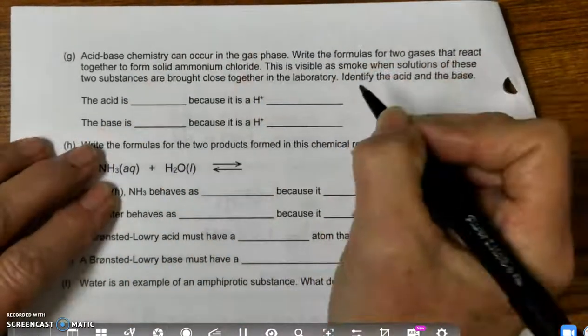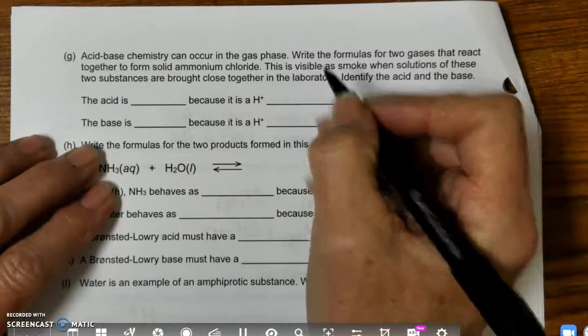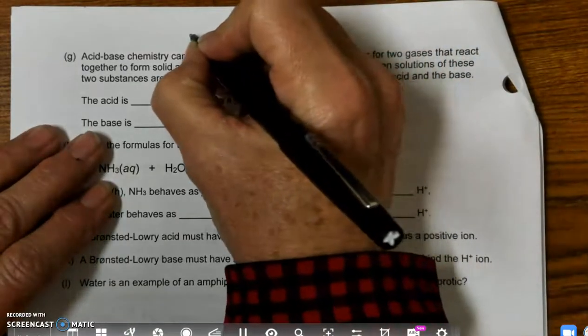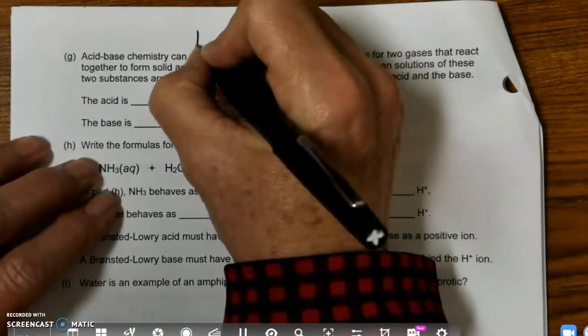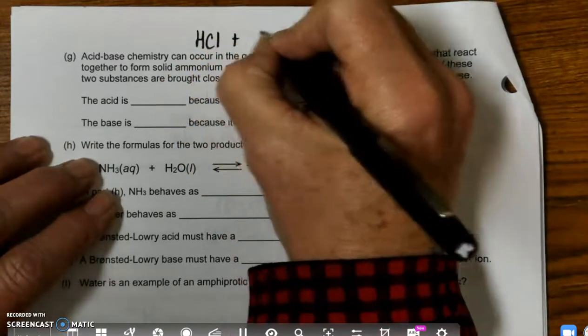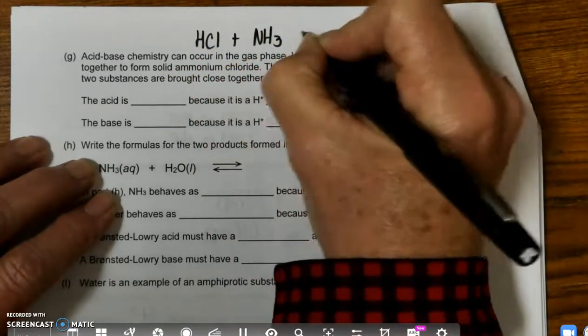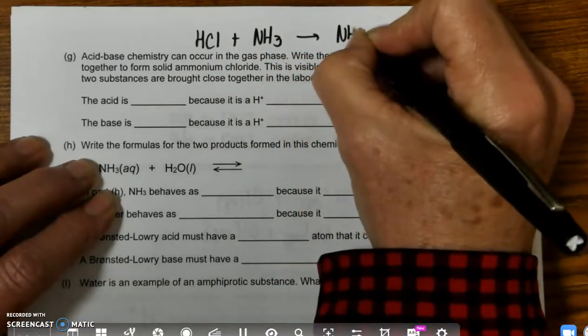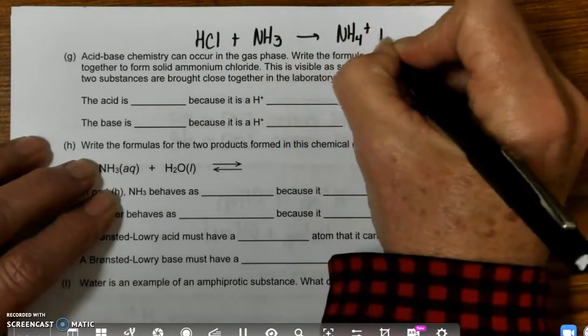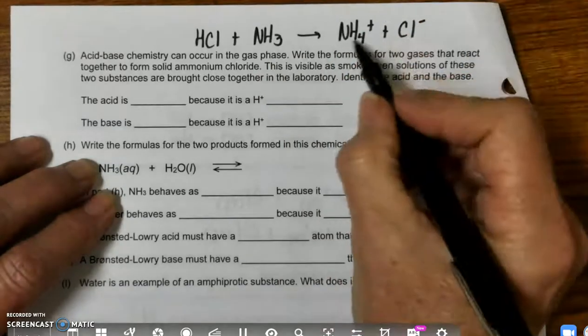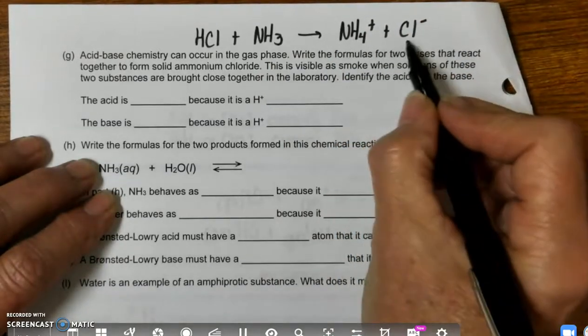What if I have two gases? These are two gases that react to form solid ammonium chloride. So those two gases would be hydrogen chloride and ammonia. These react together to form NH4+ plus Cl-. And this salt here will form smoke.